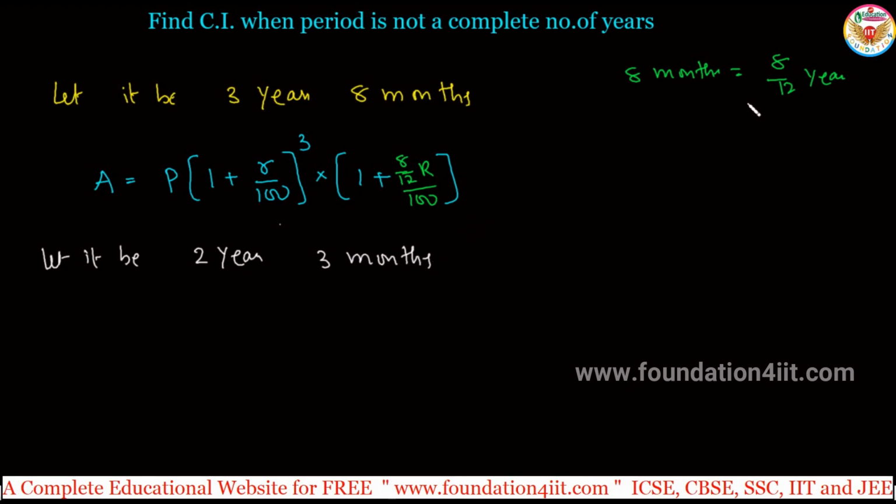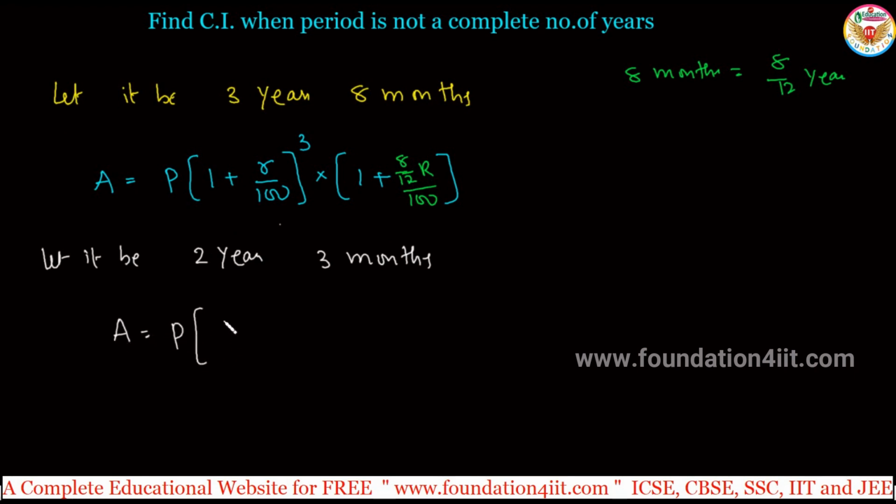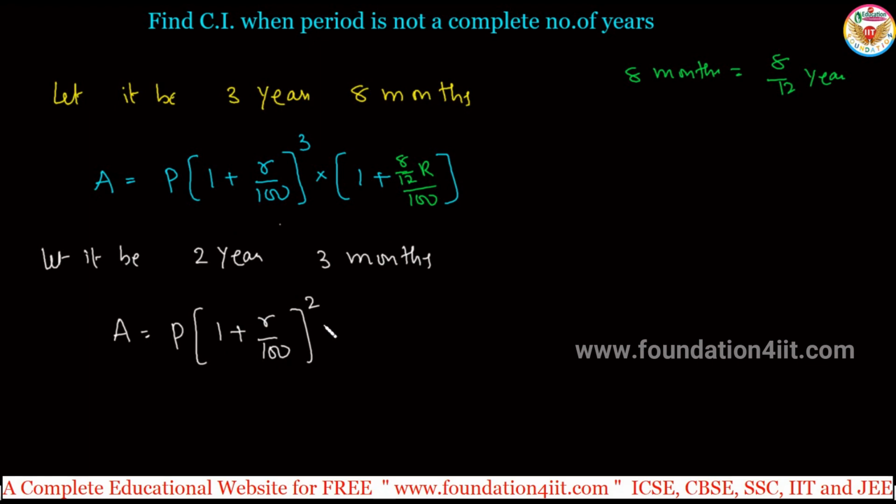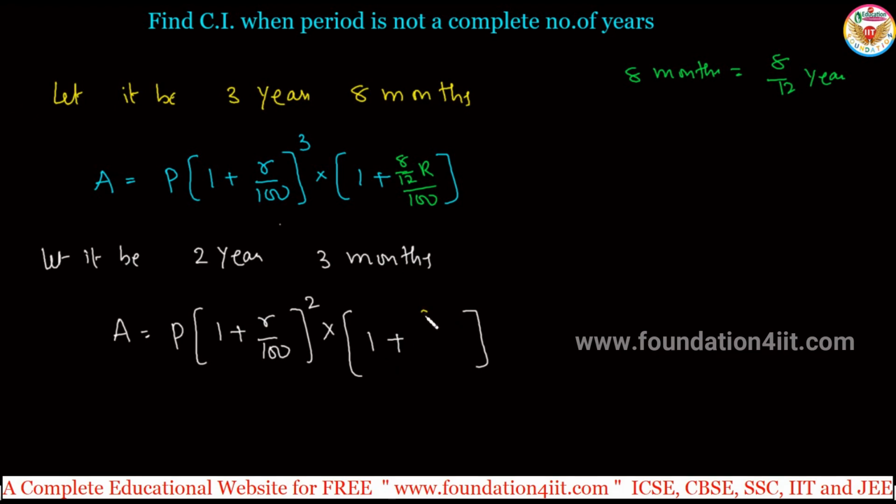Instead of 8 months being 8 by 12 years, so we wrote 8 by 12 R. If it is 2 years 3 months, the amount is equal to P into 1 plus R by 100 to the power 2, the number of years, multiplied with one more bracket, 1 plus the months written inside like this: 3 by 12 into R, that means 3R by 12 divided by 100 again.